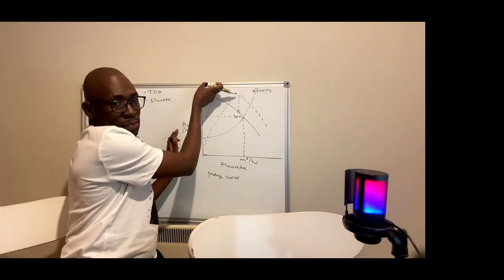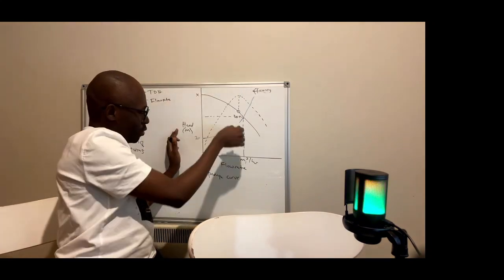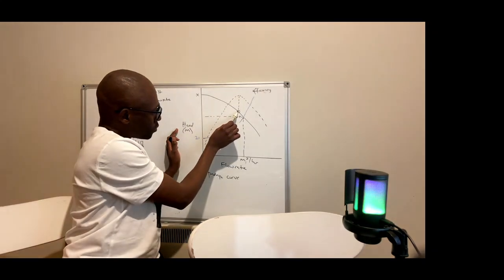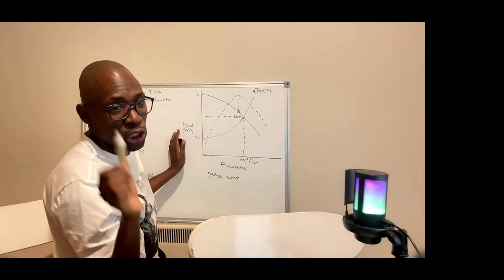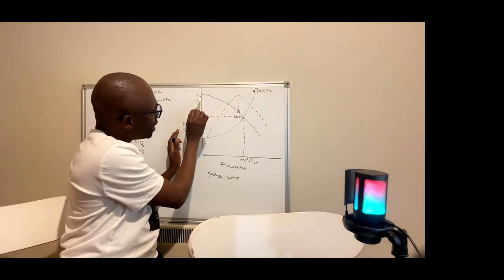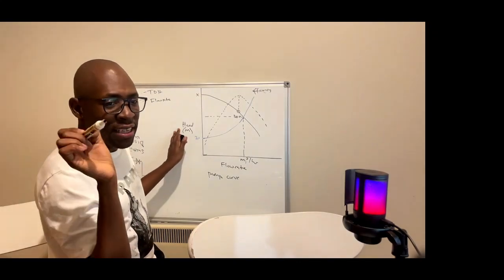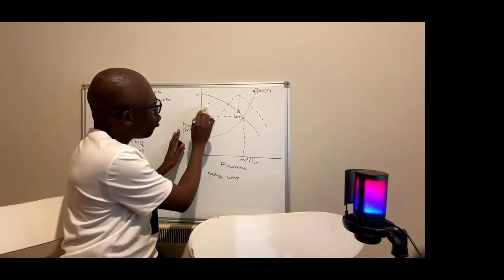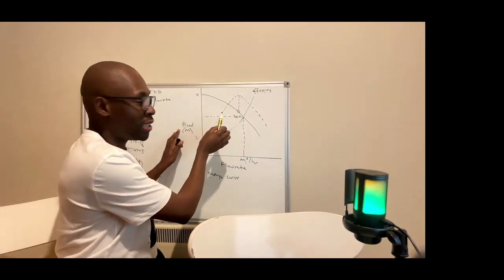At this peak efficiency point, if you draw a vertical line down, the point where the vertical line touches your pump curve is called the best efficiency point, meaning that for this pump curve or this impeller type, this is where it performs the best.